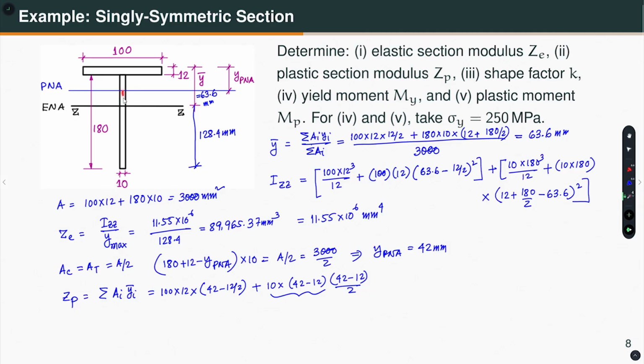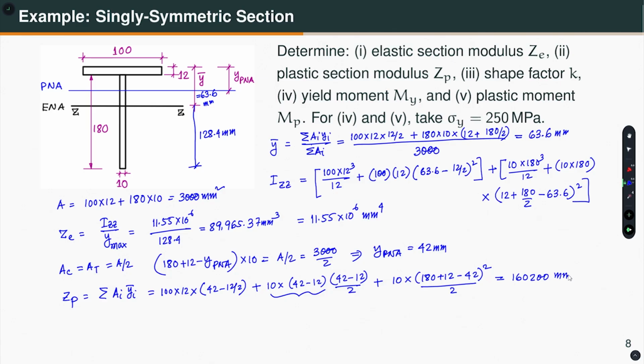Now I am left with this much, so plus how much is that? 10 into 180 plus 12, which is the total depth, minus 42, and then this multiplied by the same thing divided by 2.